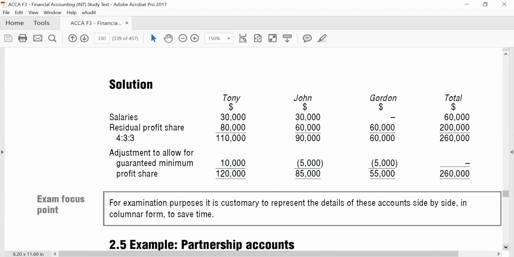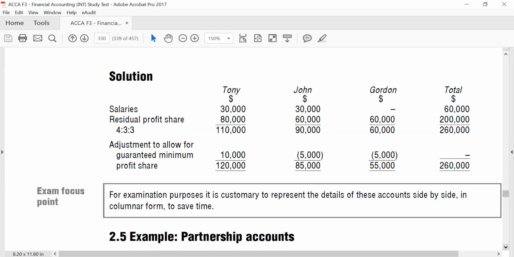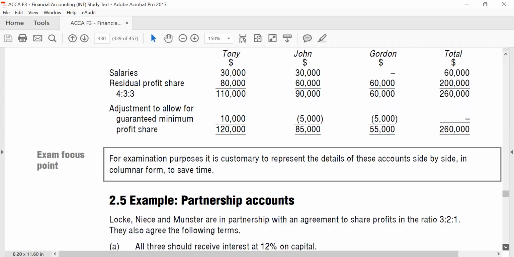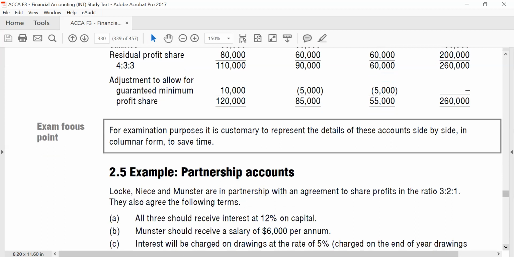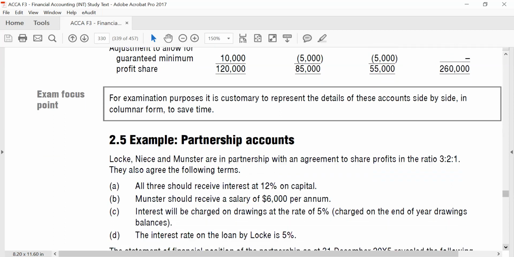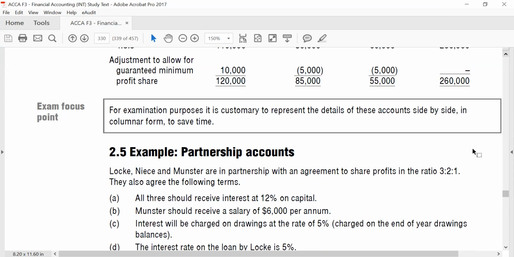So whenever we have such cases, we have to first consider that partner and then go ahead to share the profits. Now, this is not something very common to find in the exam, but just in case you want to read more, you can actually find it. You can just try to look at this example.